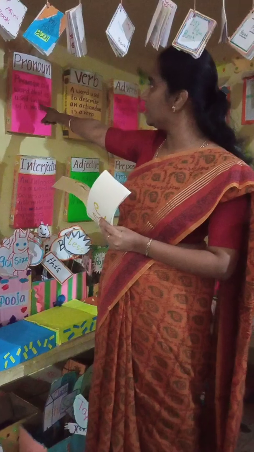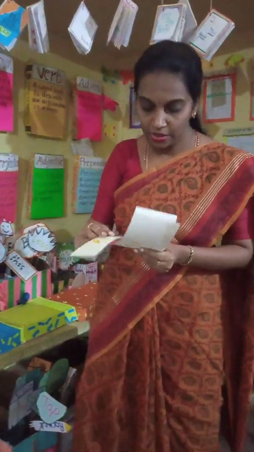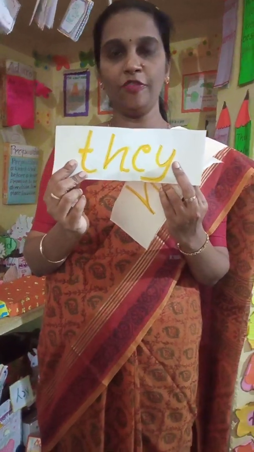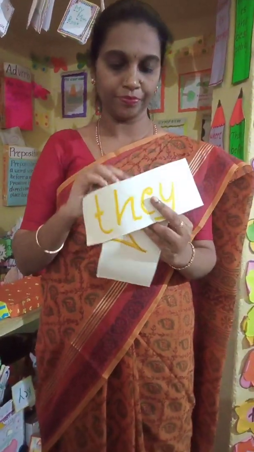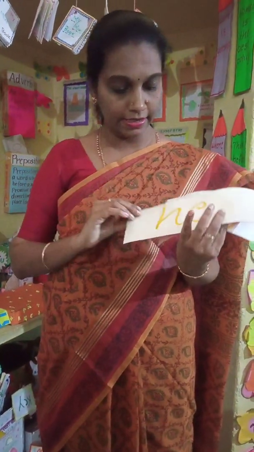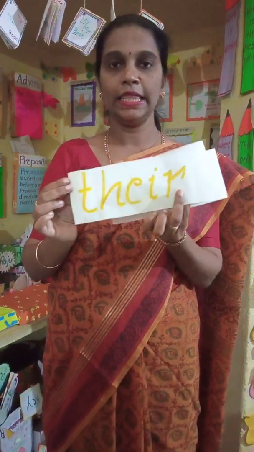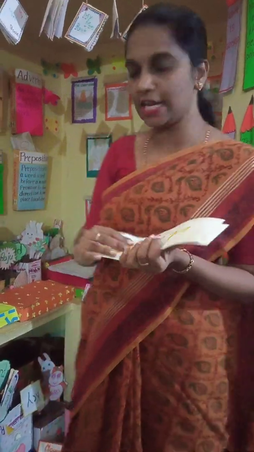Pronoun is a word that is used instead of a noun. Inside that pronoun box there are some examples of pronouns. For example, they, and here it is he, and this is there. In the same way, there are many flashcards.